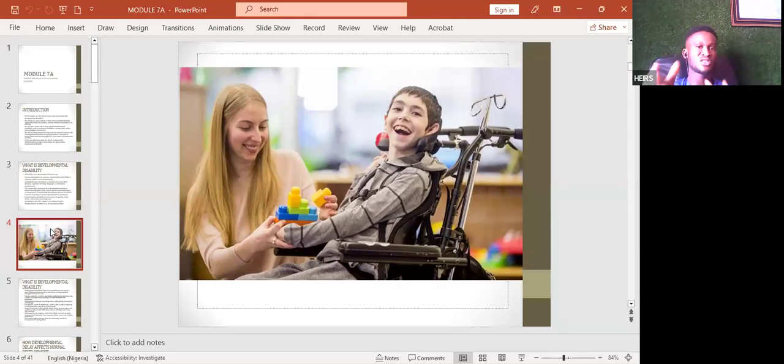Now, seeing a child in a wheelchair, it can be physical as a result of the legs not working, probably because the legs are fractured, broken, or they didn't develop. Maybe the bones were so thin that they were supposed to increase in mass and size and they didn't really increase. That could be the reason why. And again, it can be that something has happened in the brain that has made him lose motor functions of those legs.